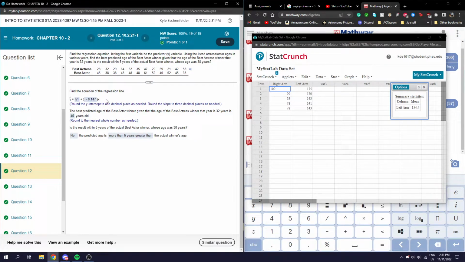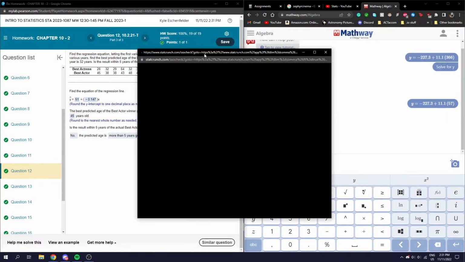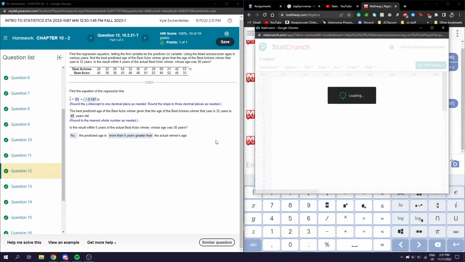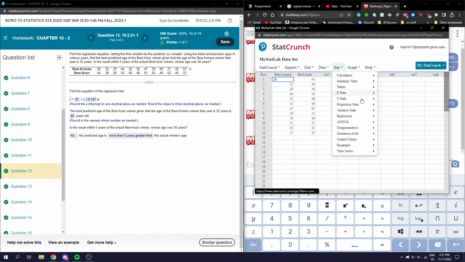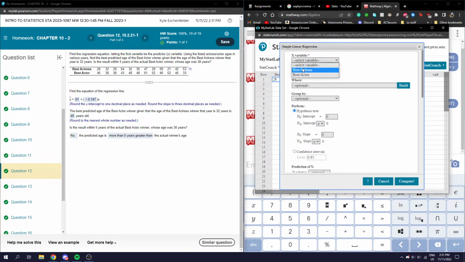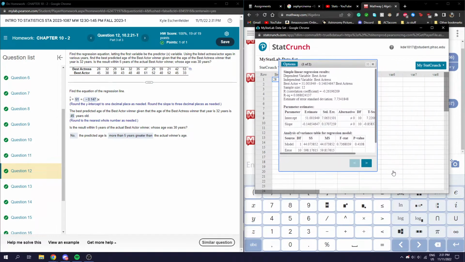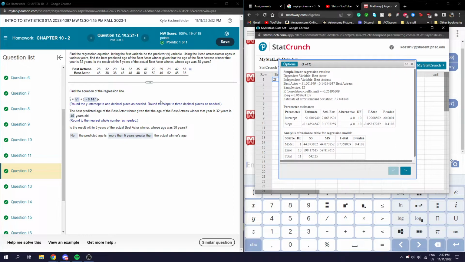For this, I'll do this one and then I'll stop. To find the regression, again, do this. And then the best predicted age of the best actor.